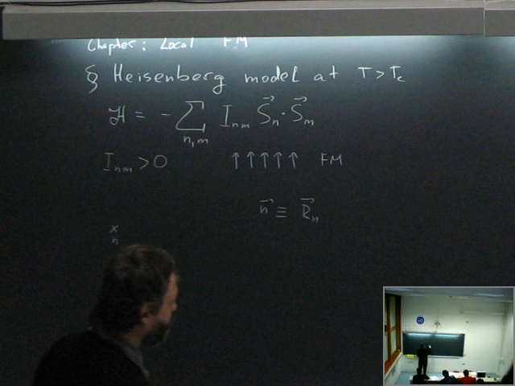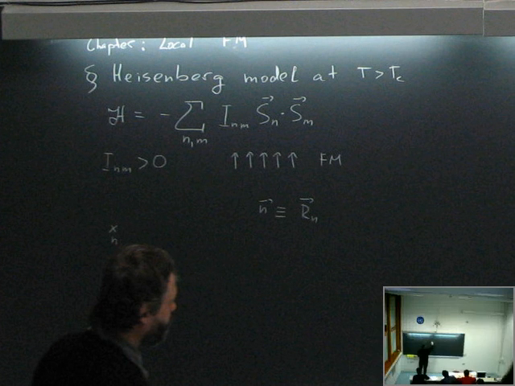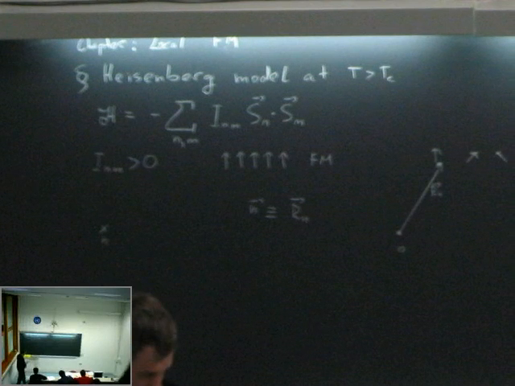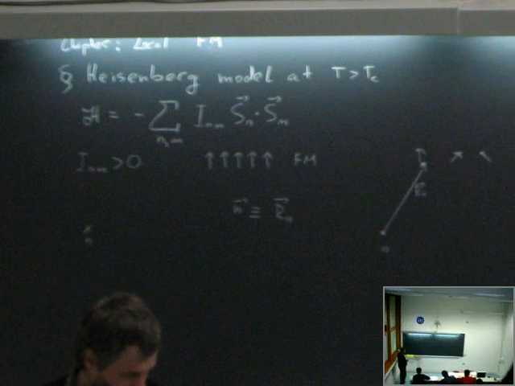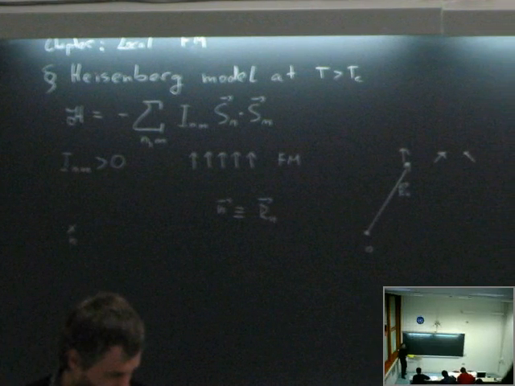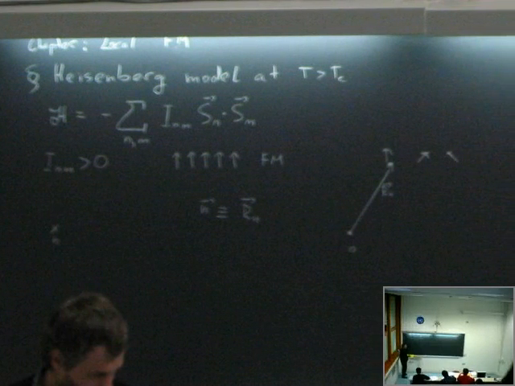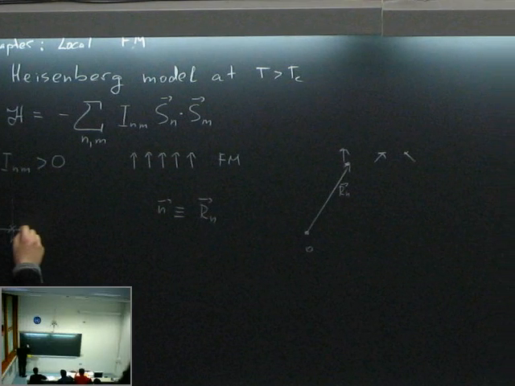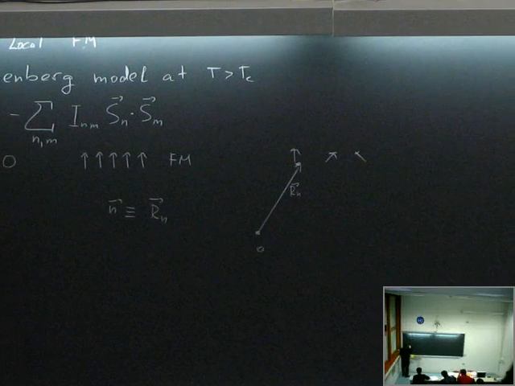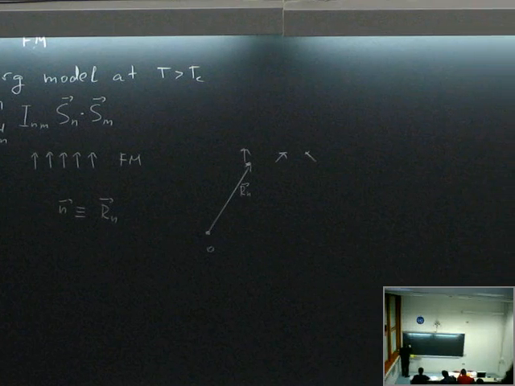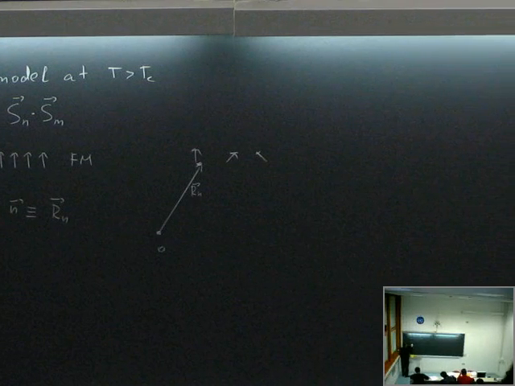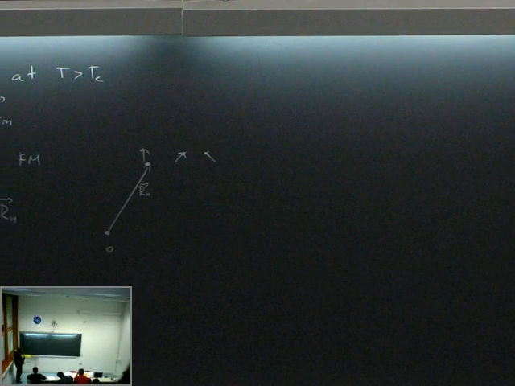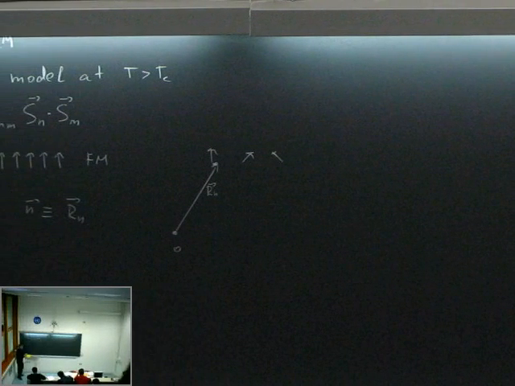We have the origin here, so this is n, and for making notations short, I denote this n. Suppose we have a simple cubic lattice. Then we have 3 axes, and as you see, these in the 3-dimensional cube are nearest neighbors to a given spin.